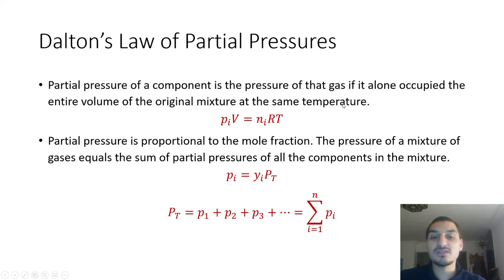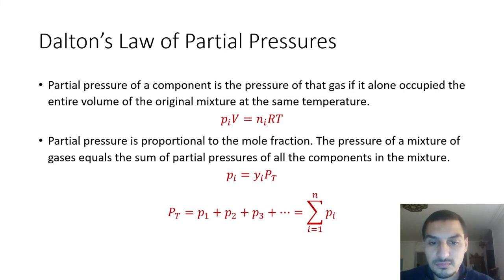So if I assume that all other gases are not present and this gas is only present in the container, then the pressure of this gas would be equal to its partial pressure in the mixture.